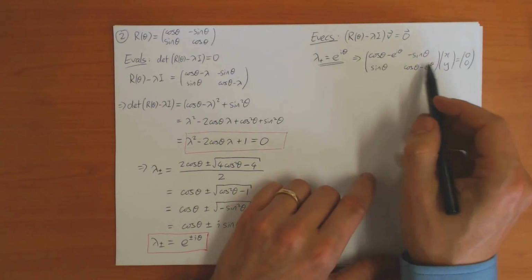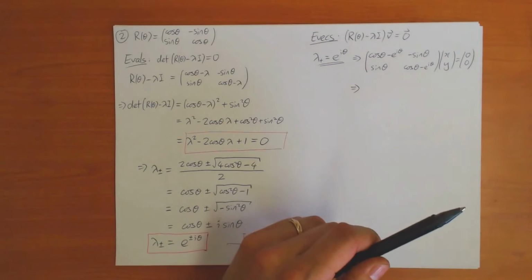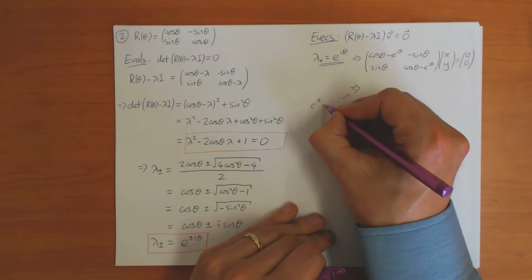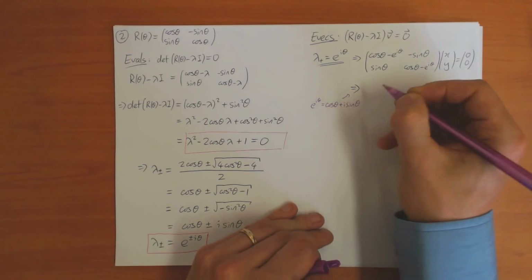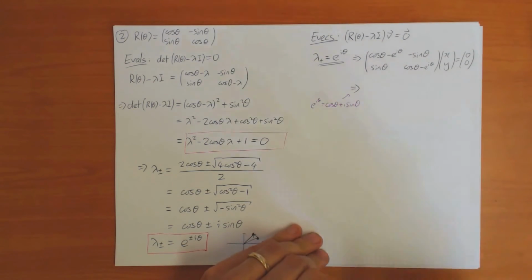Okay, now you can simplify this a lot using Euler's formula. Remember, Euler's formula says that e to the i theta is cos theta plus i sine theta. Okay, so you can see that the cos theta terms are going to cancel here and here, right?